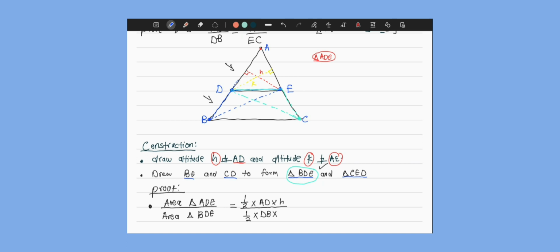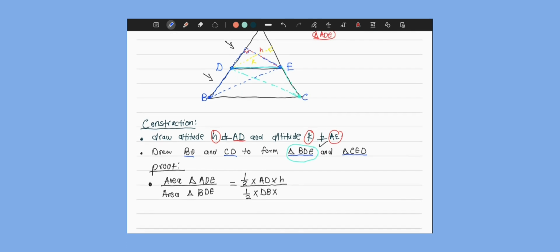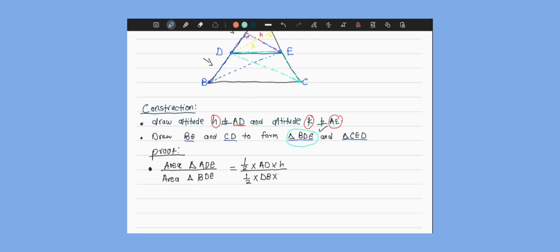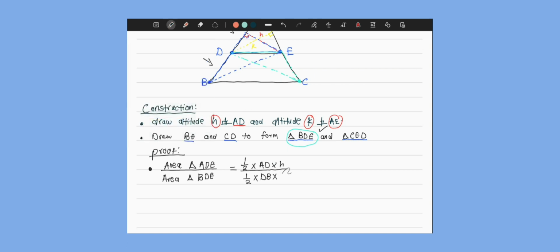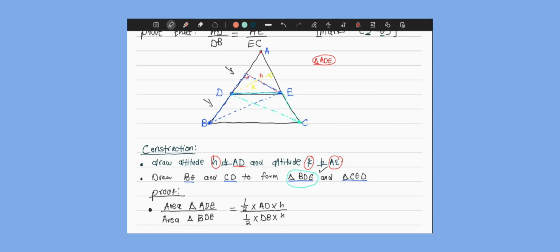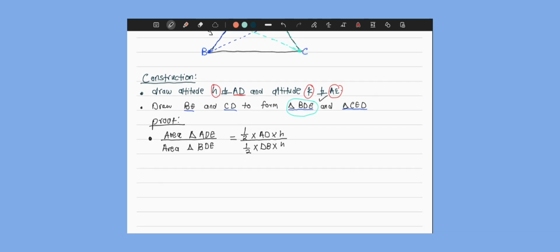When we extend this, as you can see here, the altitude is going to be this h. So in other words, these two triangles are sharing the same height, the altitude h here. So for this one too, you're going to use the height as h. So we are done with this.